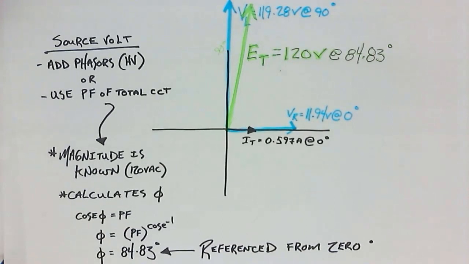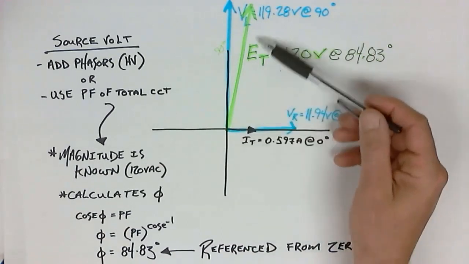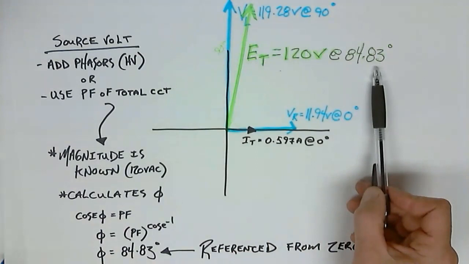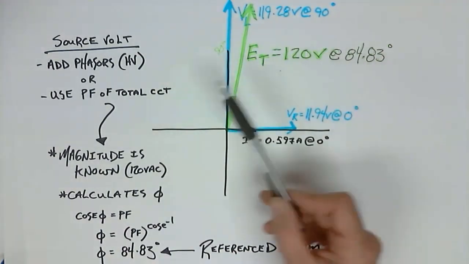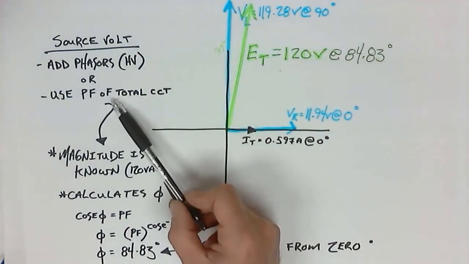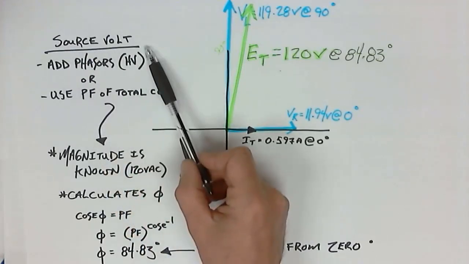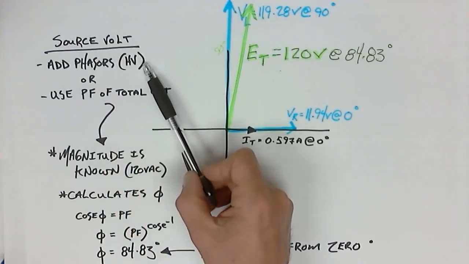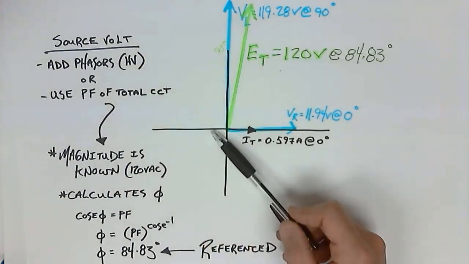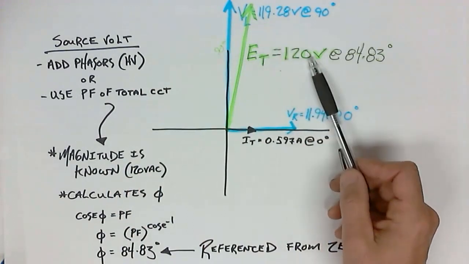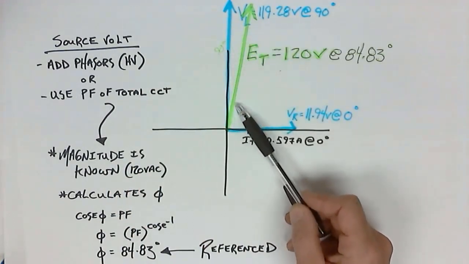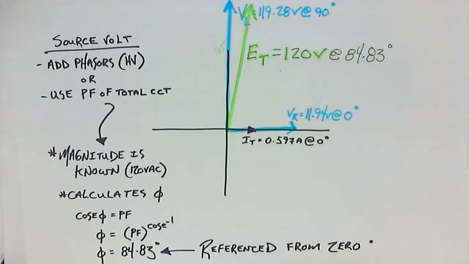We have more of a lagging or inductive circuit. We calculated the source voltage angle by using the power factor. And when we went to sketch the combined value, we had a choice. We could have added the phasors together, and in doing that with our HV table or mode 3 on the calculator, it would have given us both the magnitude, 120, and the angle, which was 84.83 degrees, right?